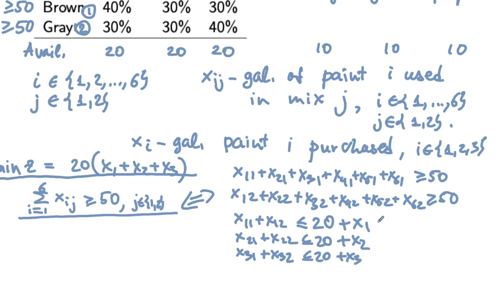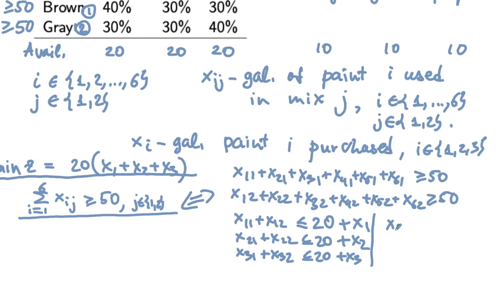So these are the constraints for the primary colors, and for the secondary colors we cannot purchase them, so the constraints will be a little simpler. For orange, green, and purple we'll have the following constraints.